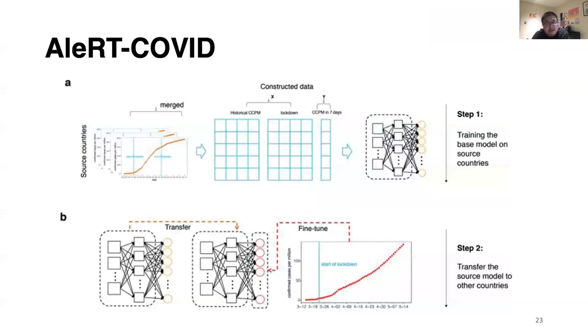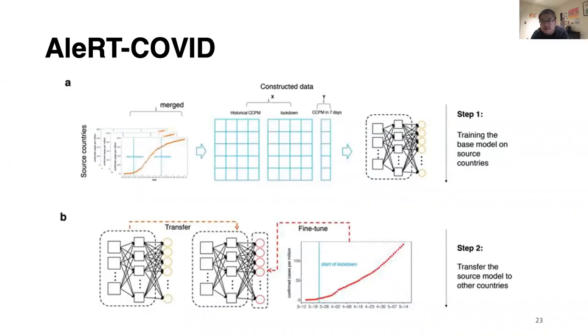We developed a transfer learning architecture called Alert COVID. The model basically trains a source model on the source countries and transfers the model parameters to the testing countries by fine-tuning the final prediction layer. The source countries are defined as the ones that suffered from the epidemic for more than 84 days and have lifted lockdown for more than 14 days.